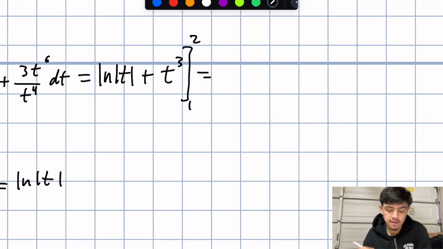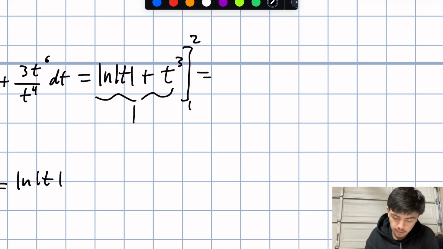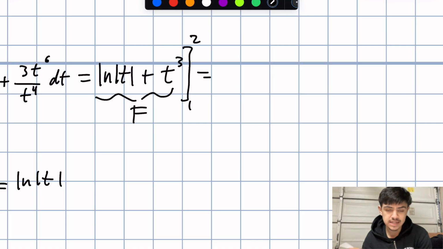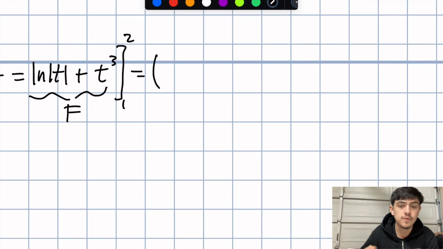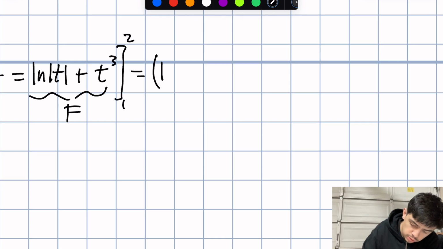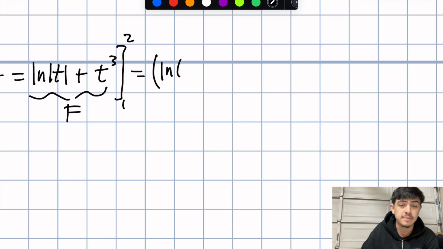So let's evaluate our antiderivative, the notation is capital F, with our top bound first. Let's put parentheses so we can separate everything, make it look organized and clear so we don't get confused. So we're going to do natural log. We can drop the absolute values now since the bounds are positive. We don't need to worry about the absolute values.